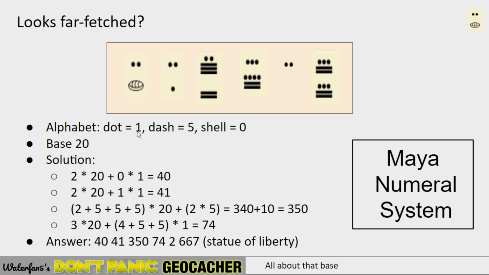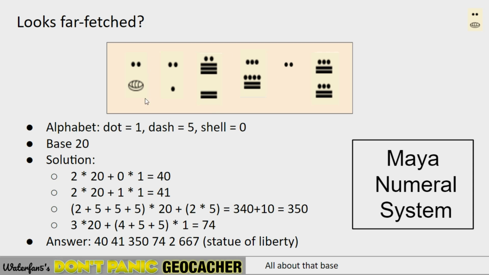The dot, that meant 1, a dash, 5, and a shell, that meant 0. So in this case we have 2 dots, so 2 times 20 plus 0 times 1 is 40. 2 dots plus 1 times 1 is 41. So 2 plus 3 is 17 times 20 plus 2 times 5 times 1 is 340 plus 10 is 350, and so on.